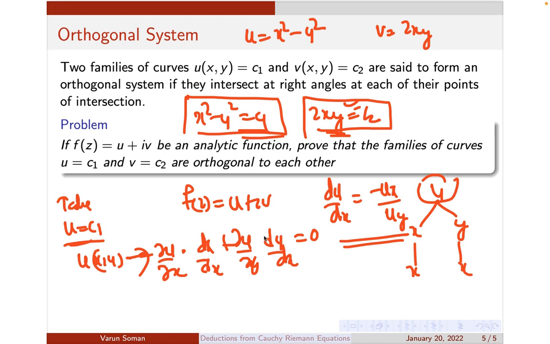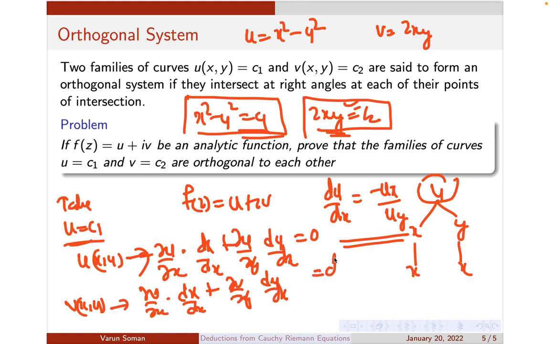Similarly, you can take v of x, y also. I am going to find the slope of this one, differentiating with respect to x. So it will be dou v by dou x into dx by dx plus dou v by dou y into dy by dx, where dx by dx is again 1. So your dy by dx for the second curve is actually minus vx by vy.